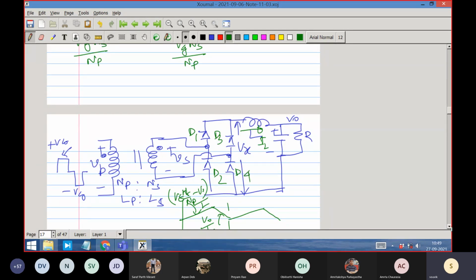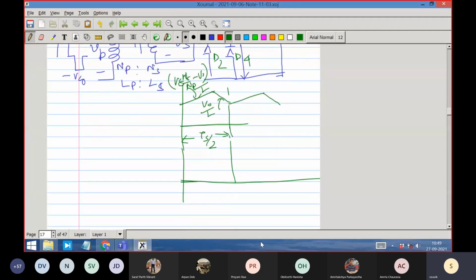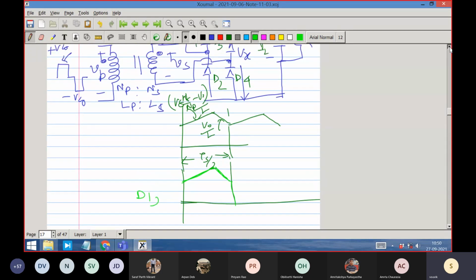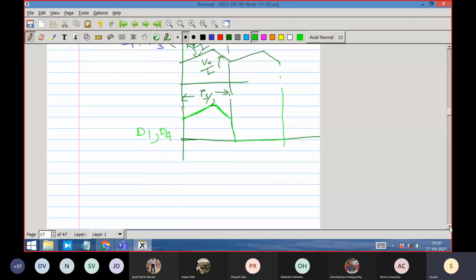So D1 and D4 conduct together, D3 and D2 conduct together. The diode has no way of understanding what the input voltage is. So what it will do, it will just produce current in one chunk. One chunk of current will go through the diode. This is the current of D1 and D4. D1 and D4 will conduct like that, and then it will be 0. You understand that this time Vg is there, plus current is there, so power is going.